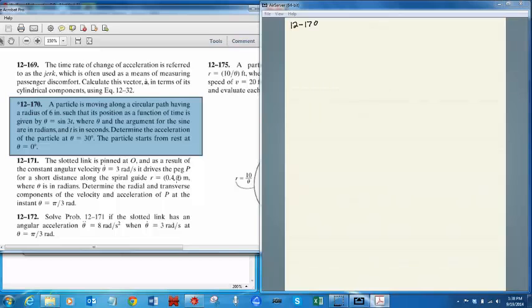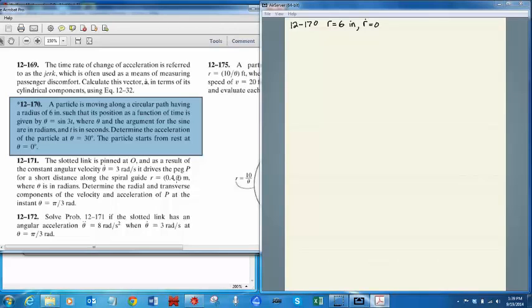So what I'm going to do is write down the things that I know. They say it's a circular path with a radius of 6, so r is equal to 6, and this will be in inches, so I need to be careful with the units. Because it's a circular path, the radius is constant, so r dot is 0.